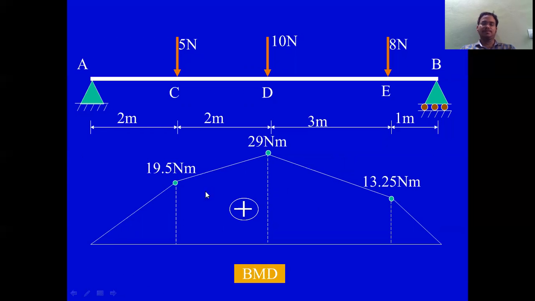So the diagram is showing values in upward direction, but in general analysis, how will the bending be? The bending will be downward. It will bend like this. You will find sagging. When it is in sagging case, here you will get positive bending moments. In hogging, it is negative.